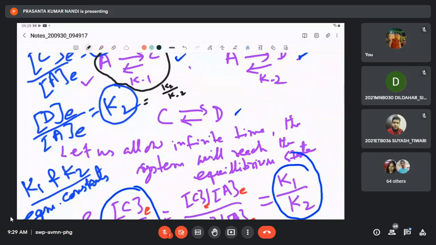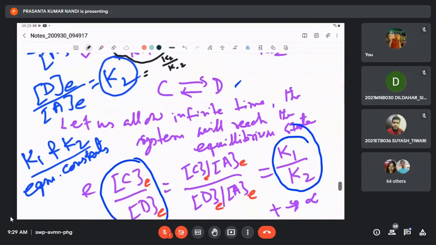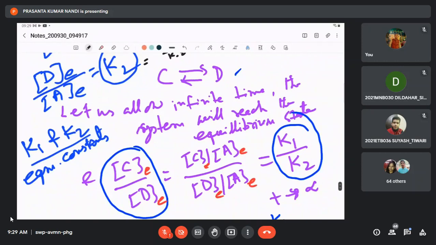Now, if C and D are allowed to be interconvertible, that is reversible, then what is the equilibrium constant? It is the ratio of the equilibrium concentrations of C and D.